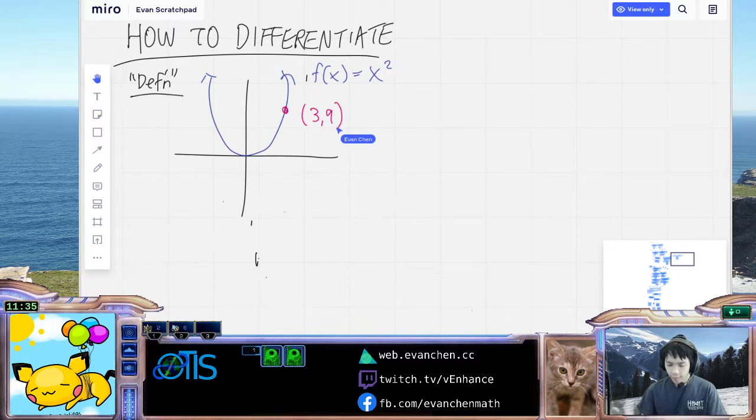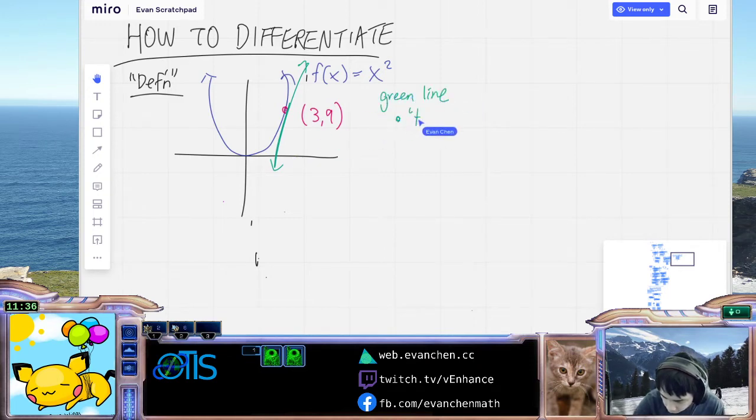There are a couple of ways you can think about it. I think the most pictorial way is that at this point, I want to be able to approximate this function by a straight line, i.e. to draw a tangent line to the curve at that point. So there's this green line, which is tangent to f of x equals x squared at 3, 9.